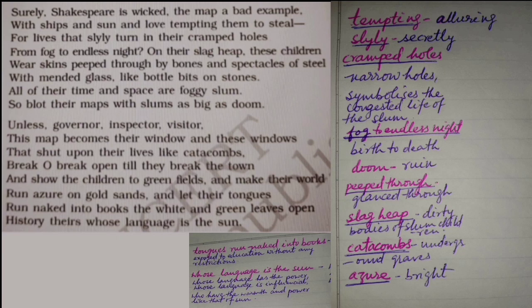So the mended glass, the repaired glass or glasses of their spectacles look very bad, clumsy, awkward, and they look like bottle bits. Bits means pieces, like the broken pieces of bottles kept on stones. That is very awkward, matchless, clumsy, bad.